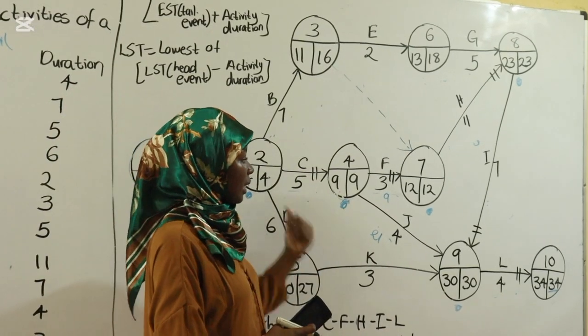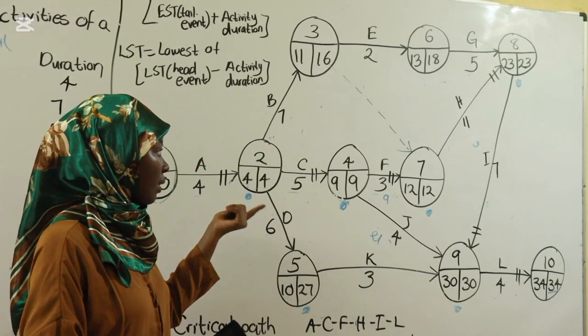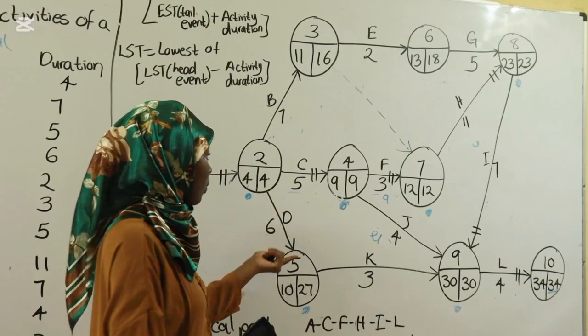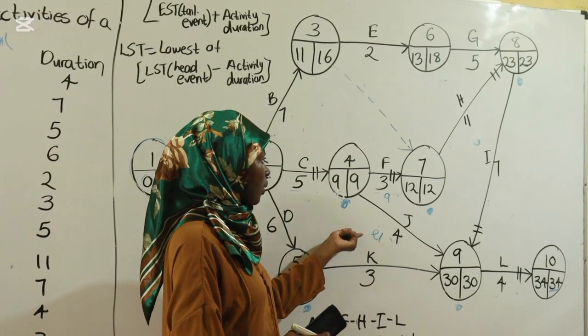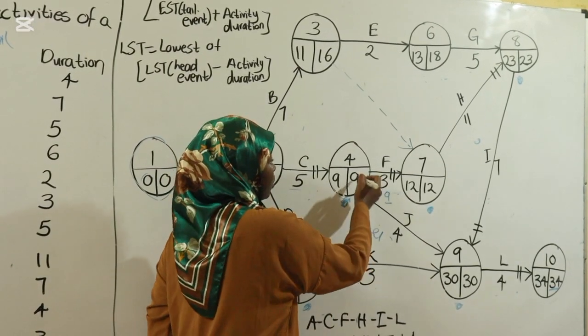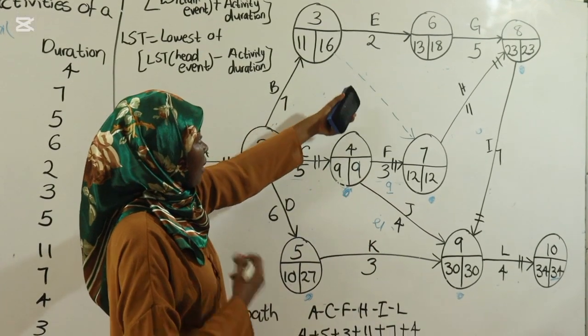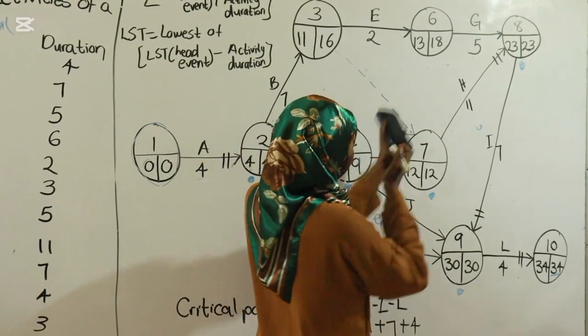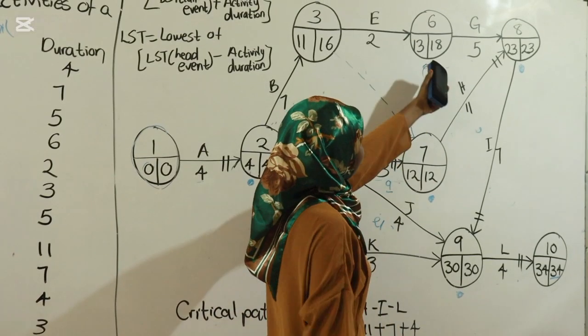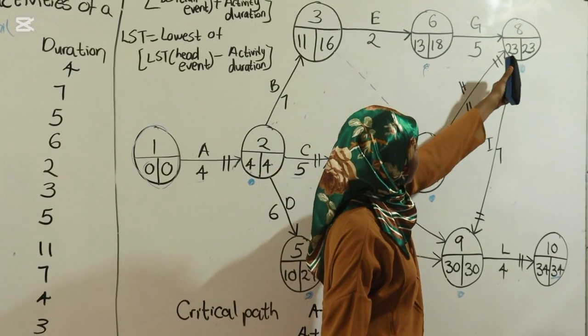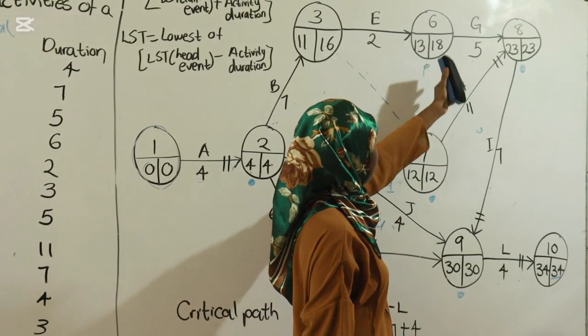It's different from EST. For EST you are taking the greater one. Now for LST you take the lowest. When you compare 9 and 21, which one is lower? It's 9. That is why our LST here is 9. Are we together?